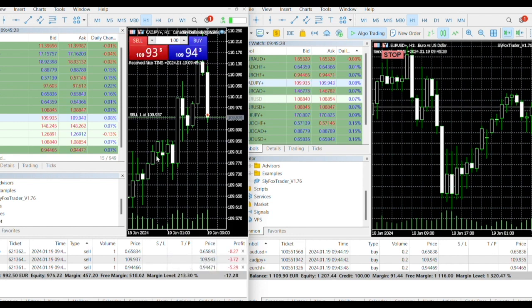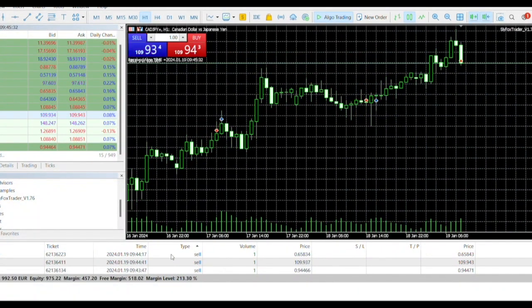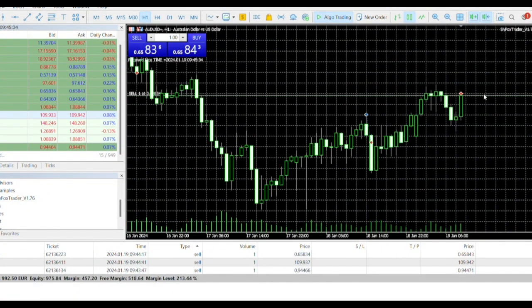So let's also add the stop losses here. So let's add a stop loss here.